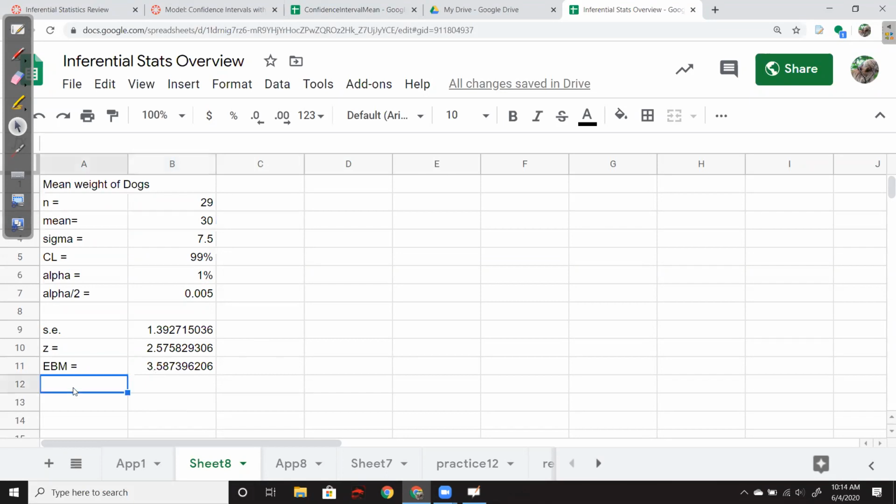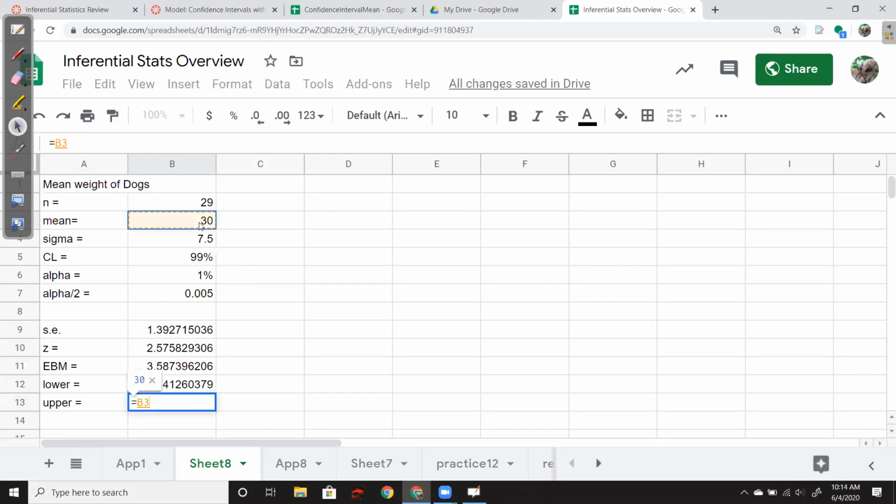Then I also might want to get the lower and upper bounds for my picture to be more complete, even though the question only asks for the mean and the standard deviation. And Statkey gives the lower and upper rather than the standard deviation. So I'll remind you how to get back to those. This would be the mean minus the error bound, the margin of error, and then the mean plus the margin of error.